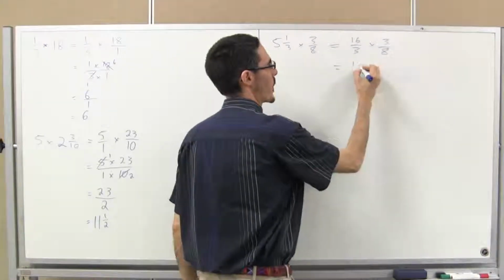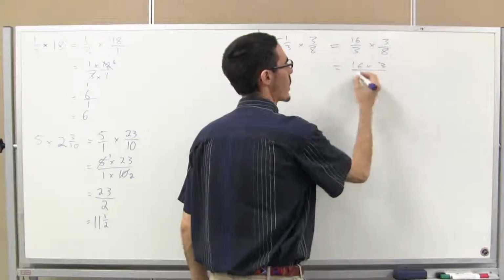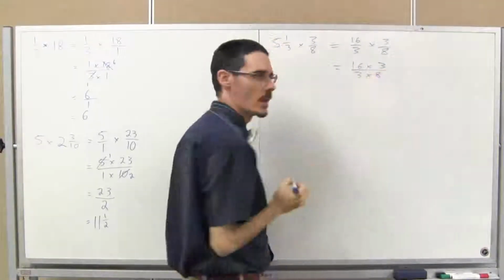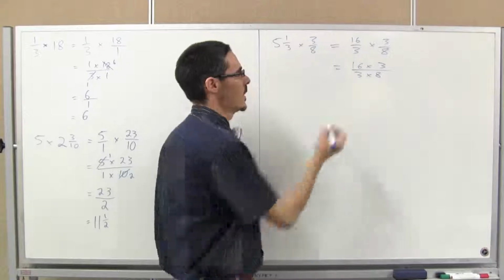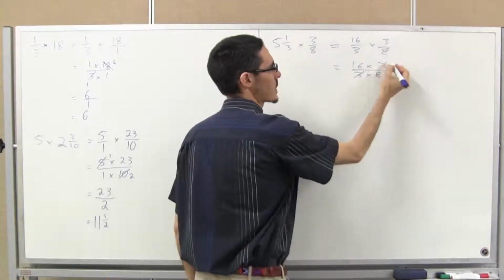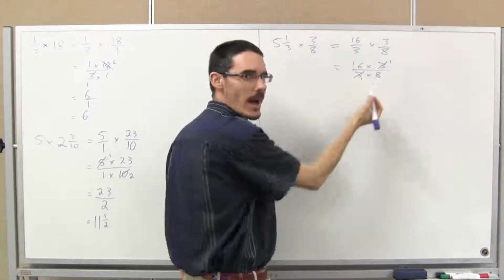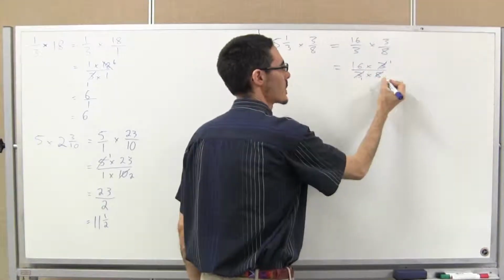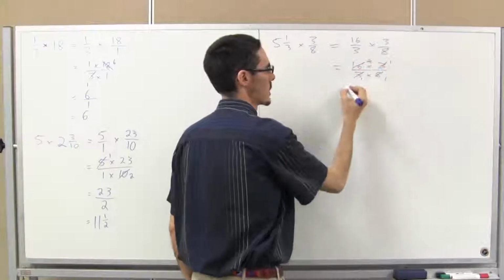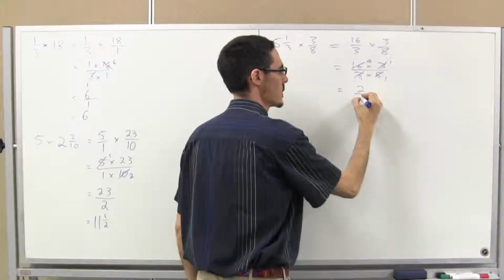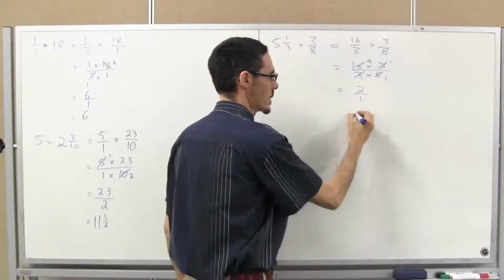Multiply across the top and the bottom. Look for common factors. Well, 3 goes into 3 once on each side. And these ones are both divisible by 8. Once, twice. So I've got 2 divided by 1, which is just 2.